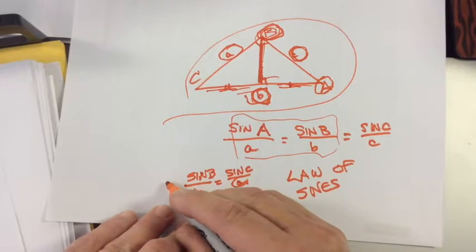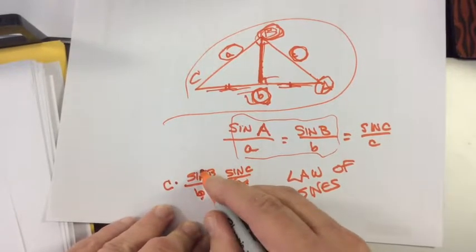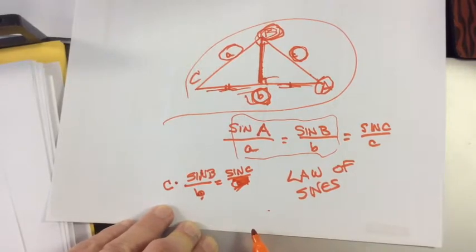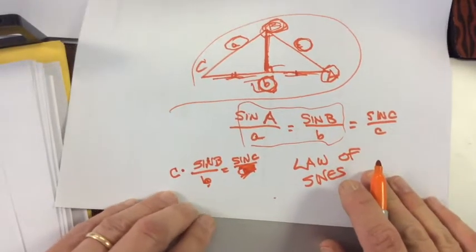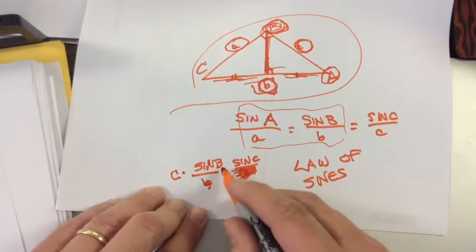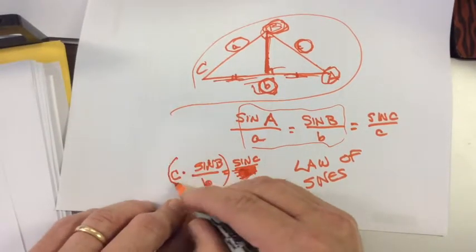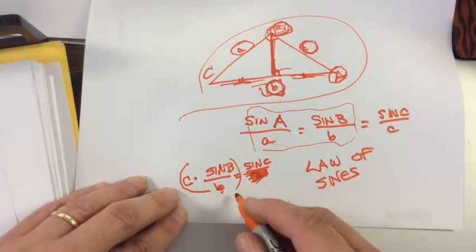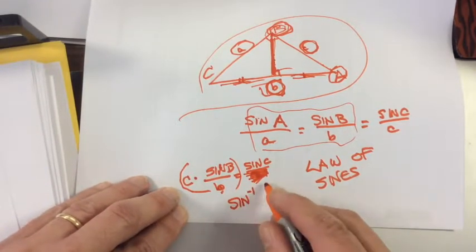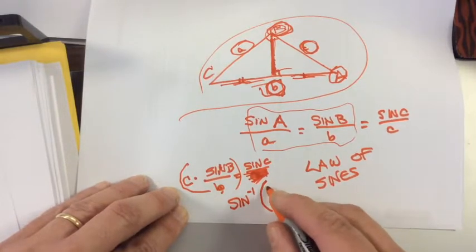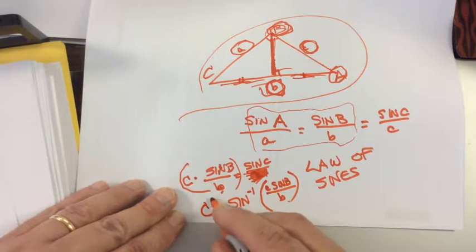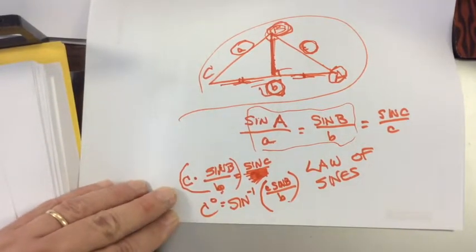If I multiply both sides by c, I have c times the sine of b over b is equal to the sine of c. Then you can just divide. Well, can't quite divide. I have to calculate that number and then look at the chart or use the calculator to find the inverse sine of whatever number that is, and that will equal the degree measure of angle C.